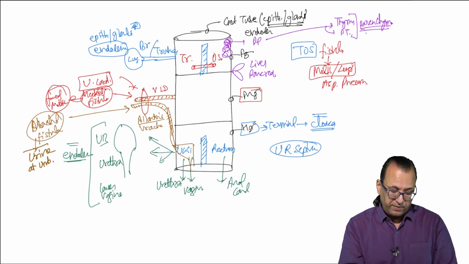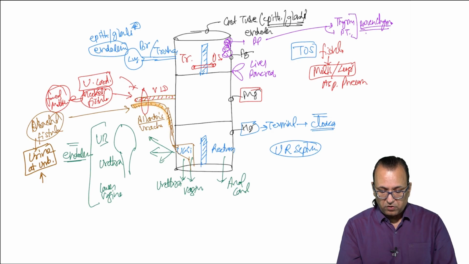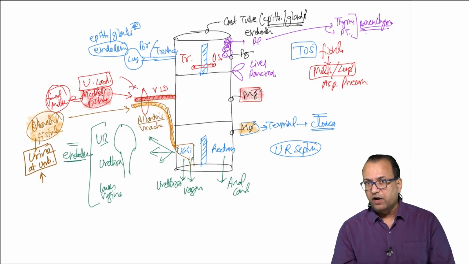This is urachal fistula, and that was the Meckel's fistula. Meckel's is basically for the midgut, and the urachal fistula is for the hindgut, but both are endodermal in origin.